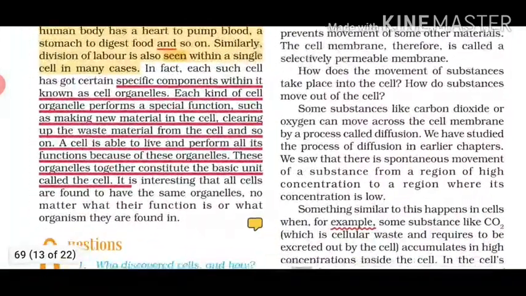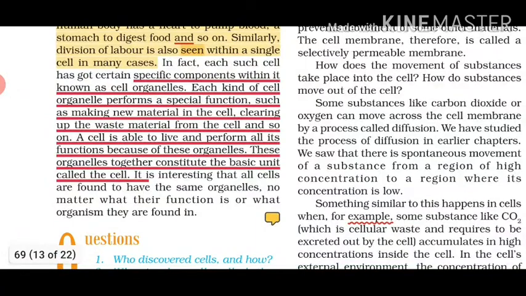Do you know what a cell is made up of? A cell has certain components within it known as cell organelles, which we will study later on. Each kind of cell organelle performs a special function, such as making new material in the cell, clearing up waste from the cell, and so on.